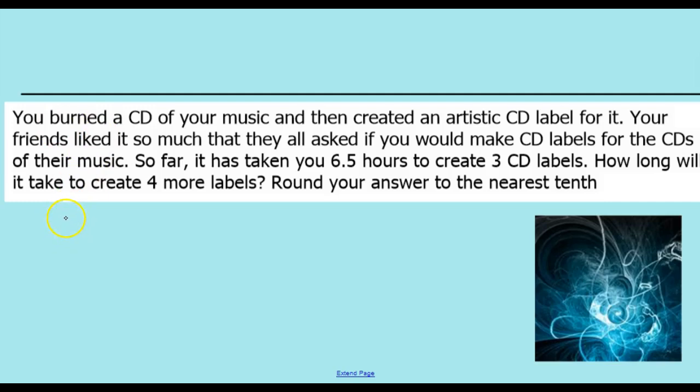So, if I have 6.5 hours, and that makes 3 labels, what I'm trying to find out is how long it would take if I have 4 labels.